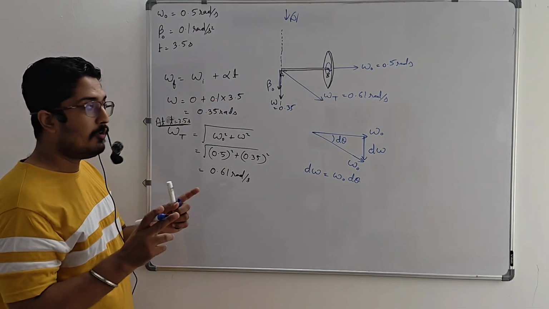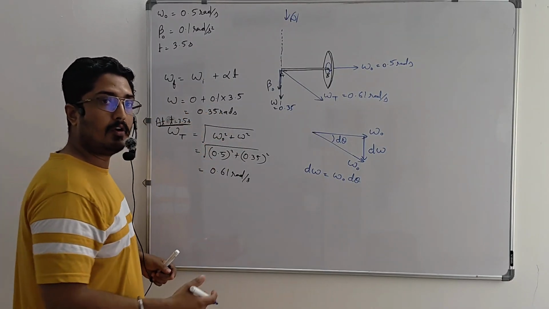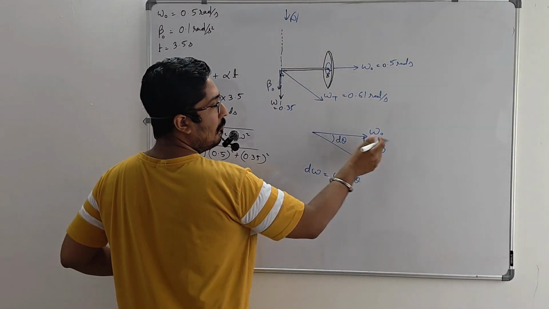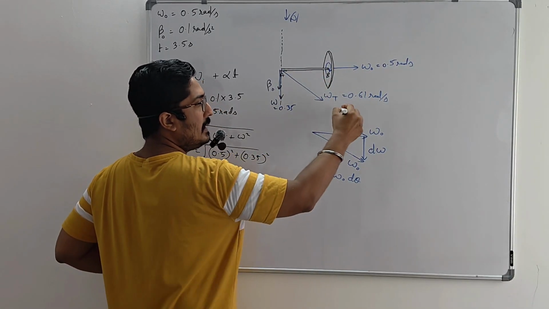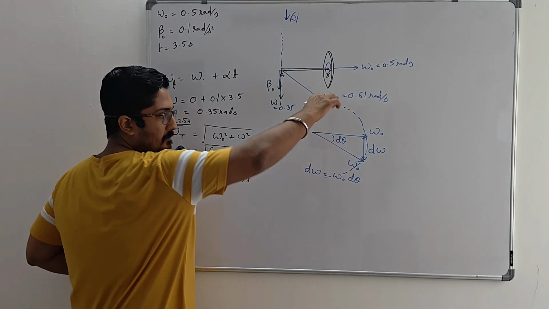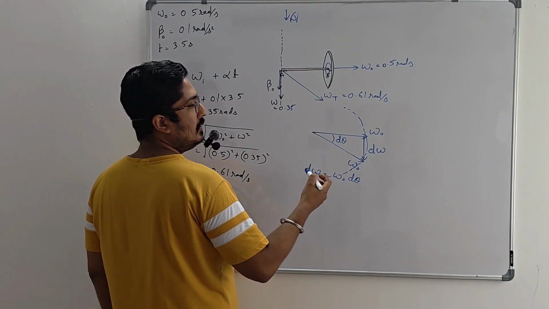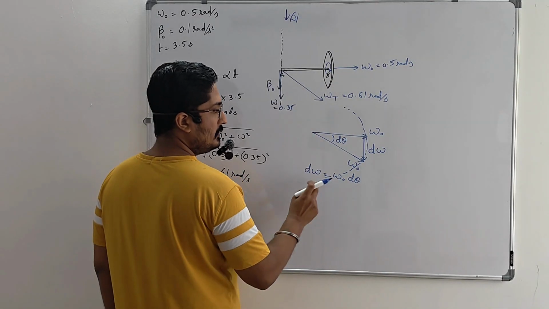See, I told you when I look from the top how the AB would be rotating clockwise. So same thing, this omega naught vector actually is in the direction of AB, and that AB is rotating like this in a clockwise direction, right? Okay, so this is how it is rotating.